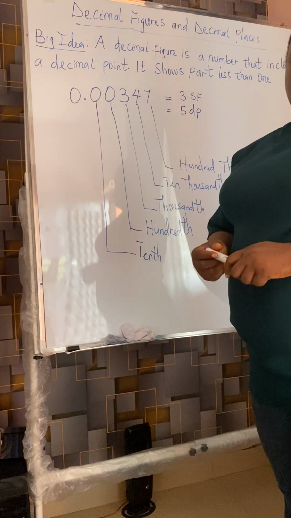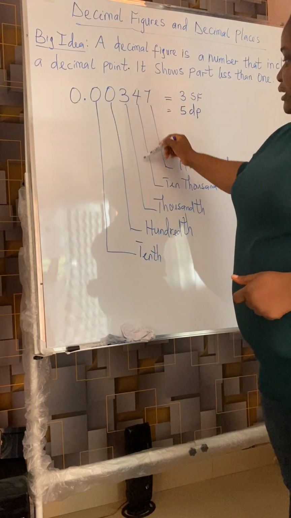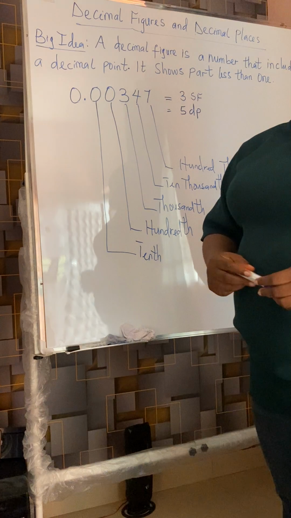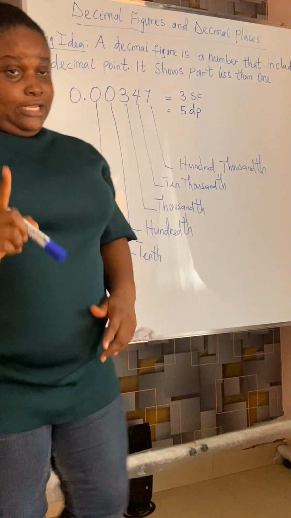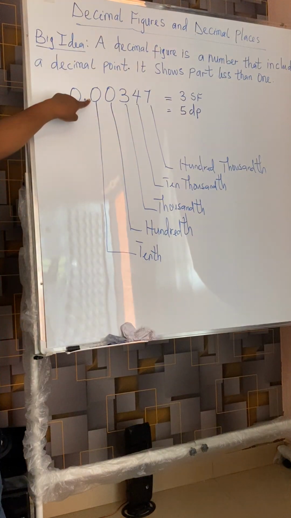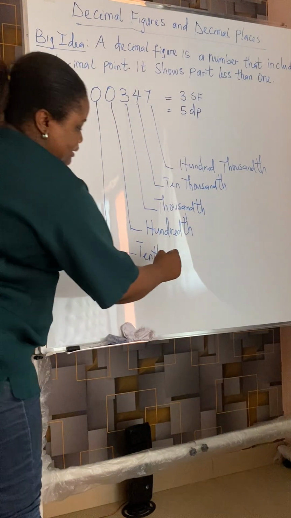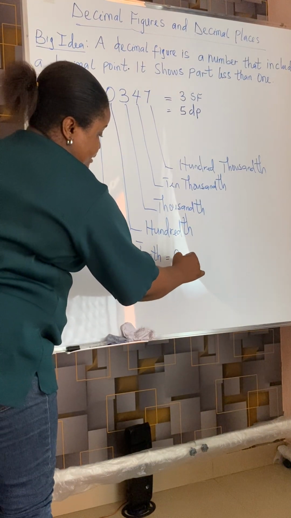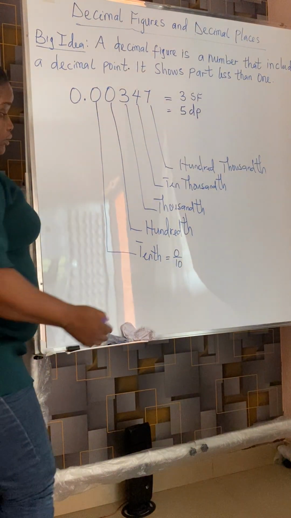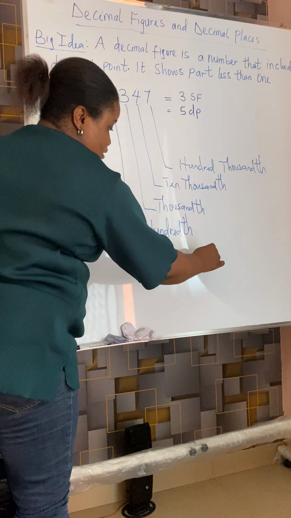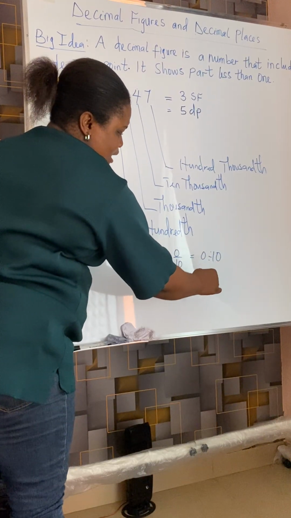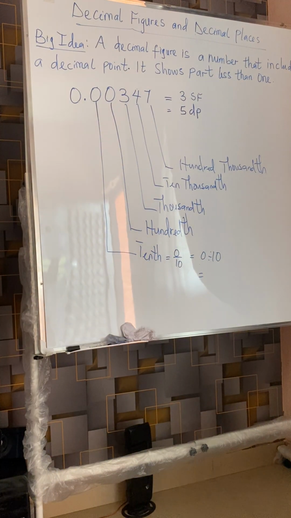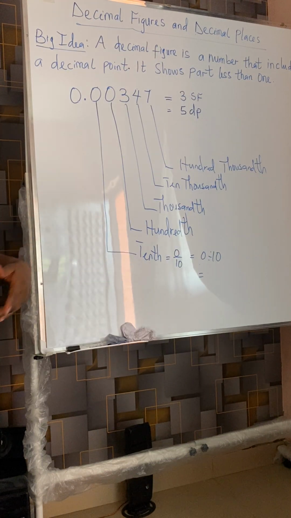So in 0.00347, this 3 here is the thousandths. Let's do this quickly. We have 0 here for the tenths, so this is 0/10, which is 0 divided by 10. Anything divided by 0, multiplied by 0, is 0.